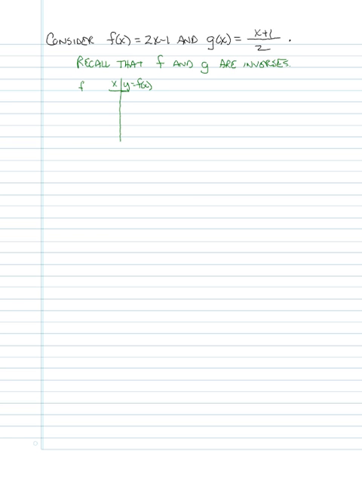So if we choose x to be 0, we can just look up above and find out that y would be negative 1, wouldn't it? And if we choose x to be, let's say, negative 3, then we'd find out that y would be, what, negative 6 minus 1? So it'd be minus 7, wouldn't it?